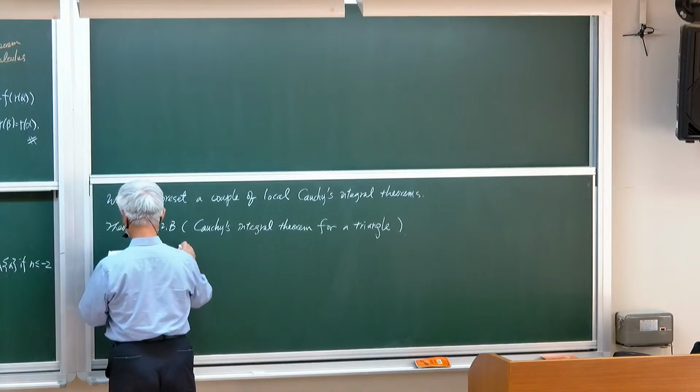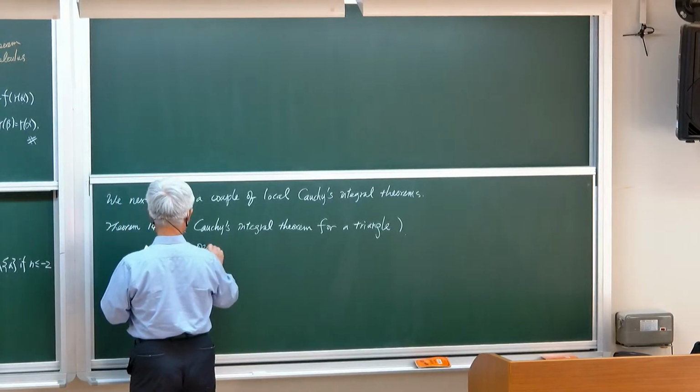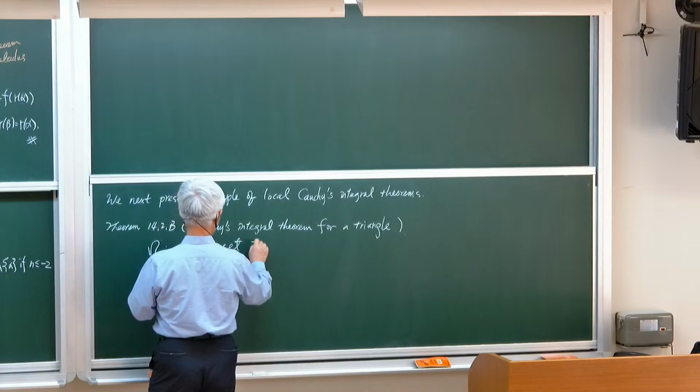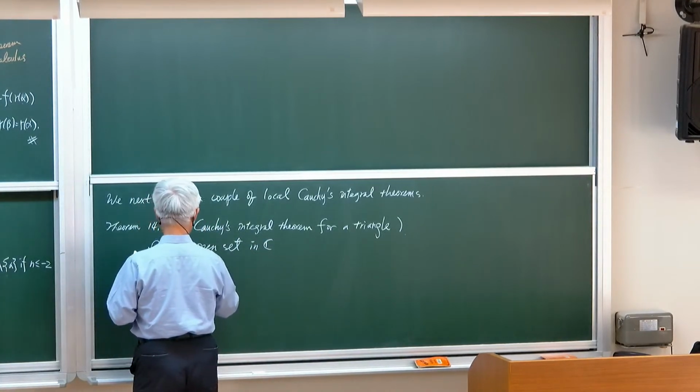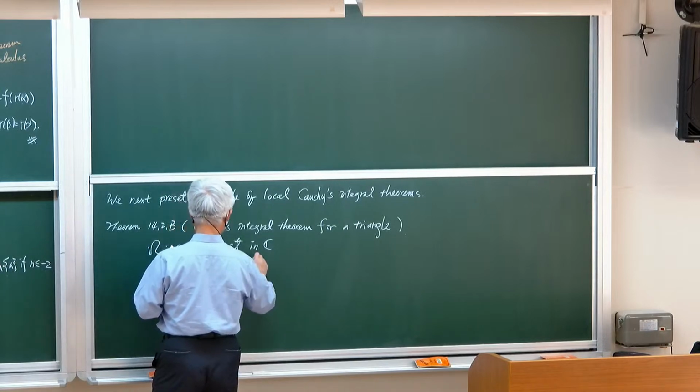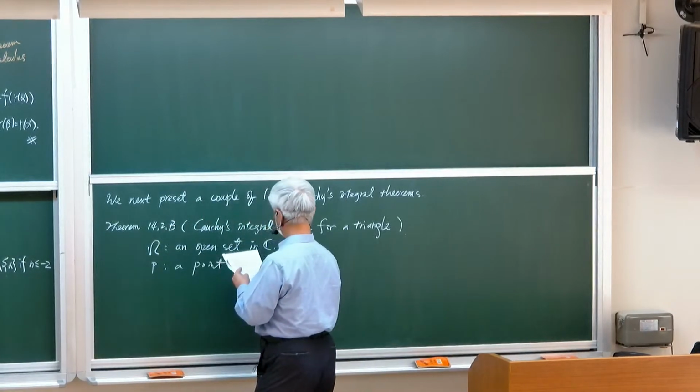Now, omega, an open set in C, and P, a point in the open set omega.